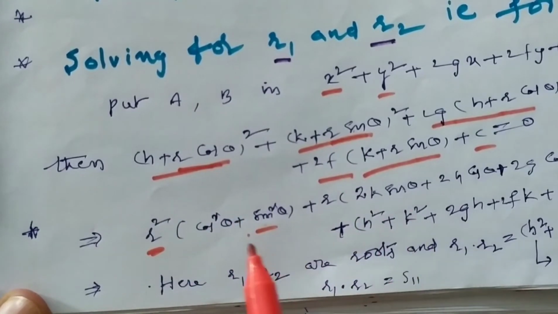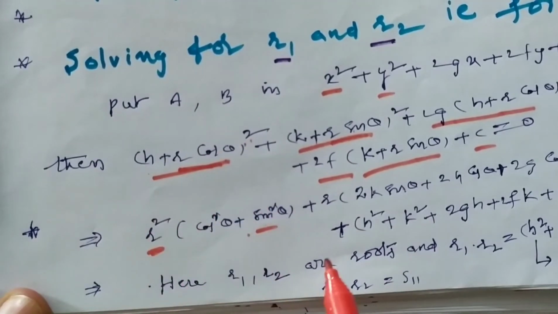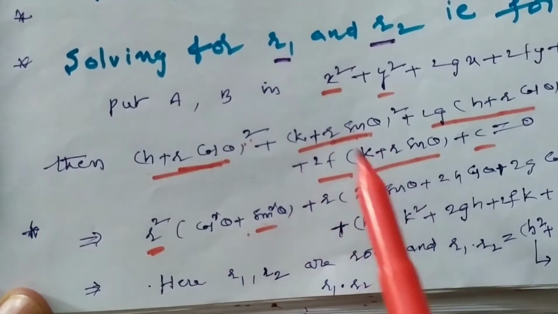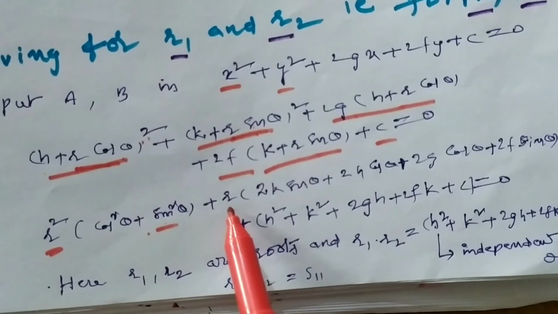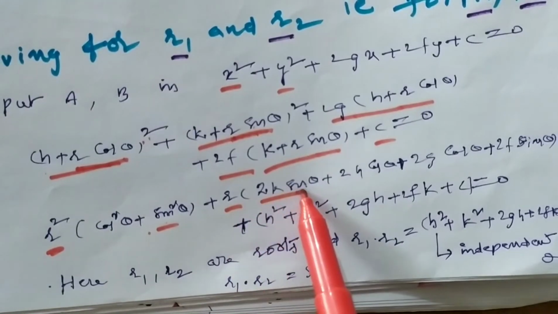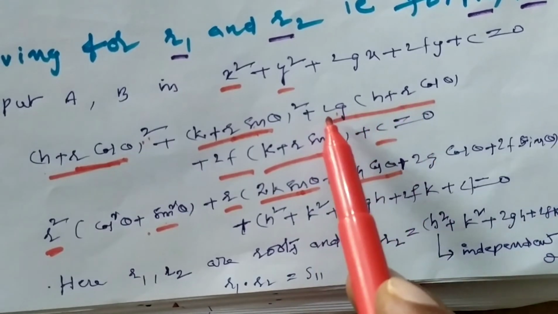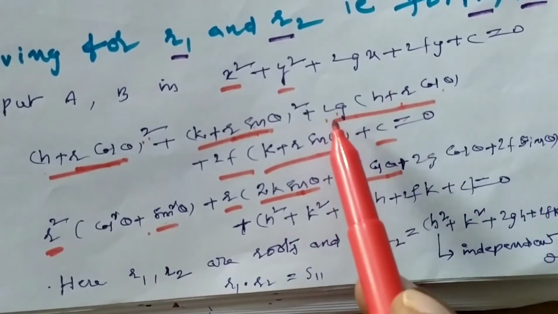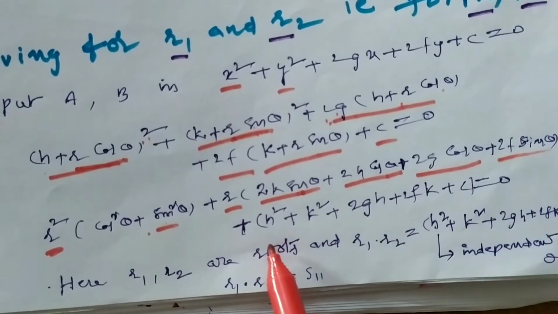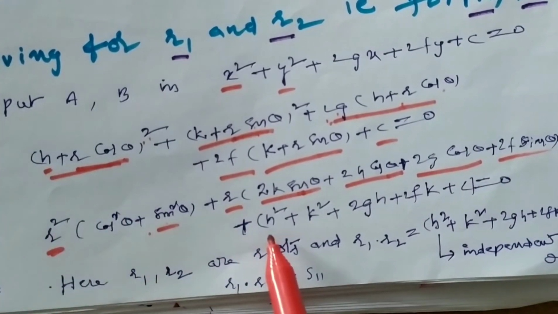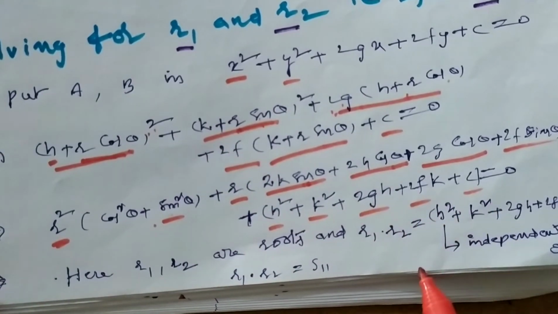Then the r terms come: 2hr cos theta, 2kr sin theta, 2gr cos theta, 2fr sin theta. By taking r common, you get r times 2h cos theta plus 2k sin theta plus 2g cos theta plus 2f sin theta. The remaining terms are h square plus k square plus 2gh plus 2fk plus c, equal to 0.